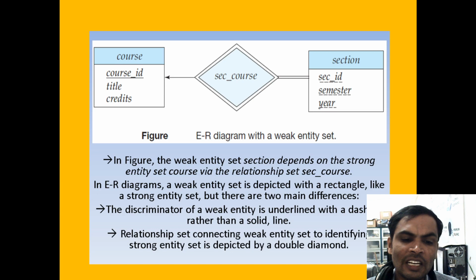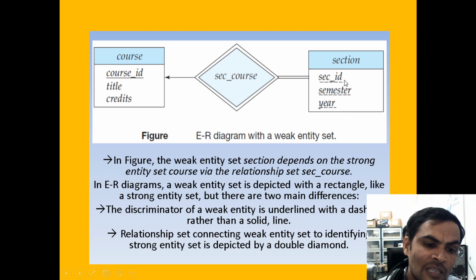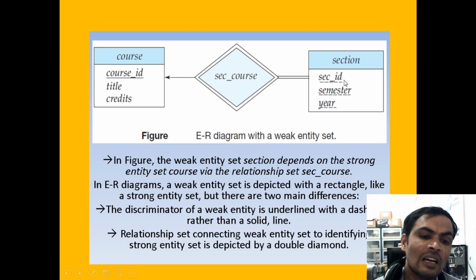The discriminator of the weak entity set is underlined with a dashed line. When it is underlined with dashes under the attribute, we consider it a discriminator of the weak entity set, rather than the solid lines, which we consider for a strong entity set.